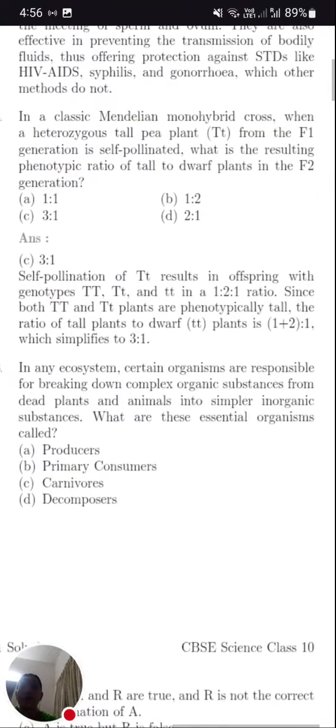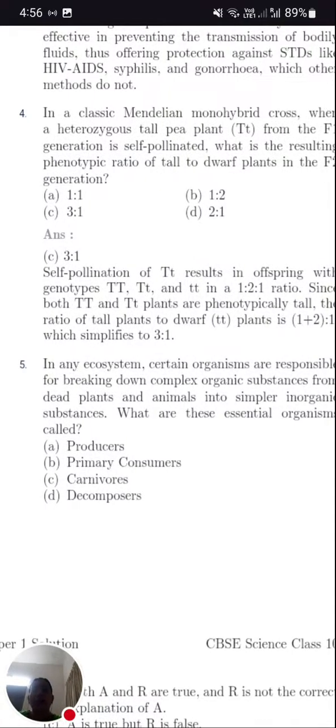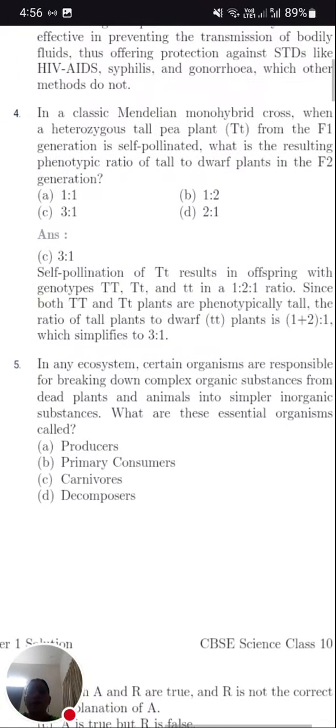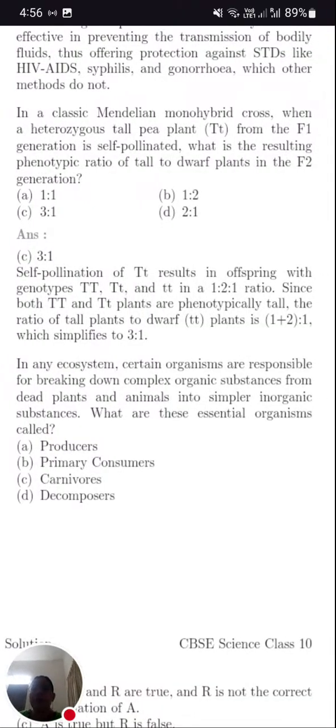In next question, question number 5, it's given, in any ecosystem, certain organisms are responsible for breaking down complex organic substances from dead plants and animals into simpler inorganic substances. What are these essential organisms called? So they are converting complex to simple inorganic substances.